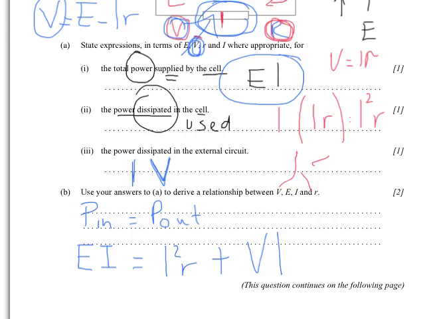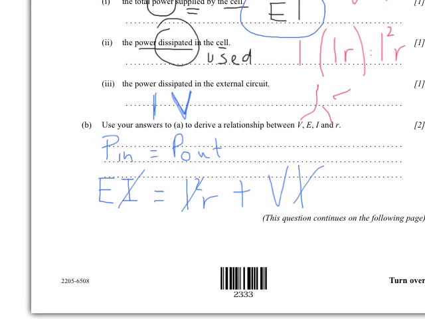So we can cancel those, and we end up with E equals IR plus V. And we're back to this equation again.